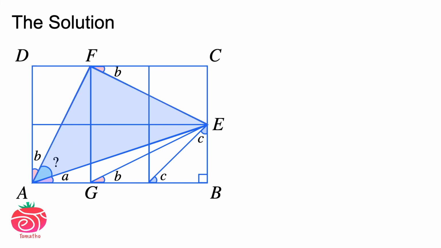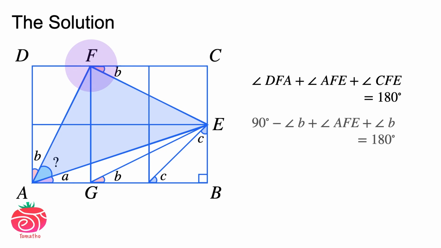AFE, DFA, and CFE are supplementary angles, where these angles form a straight line. So we have this equation: DFA plus AFE plus CFE equals 180. Plugging in the values that we get, we have 90 minus B plus AFE plus B equals 180. Thus, AFE equals 90 degrees.